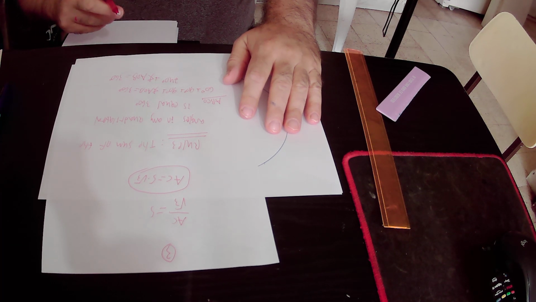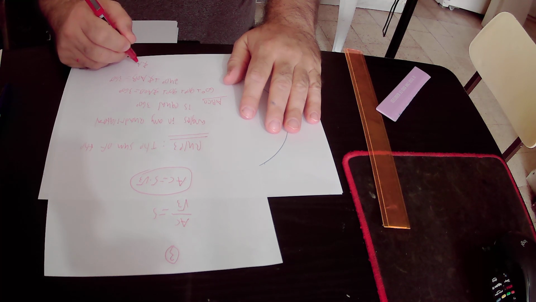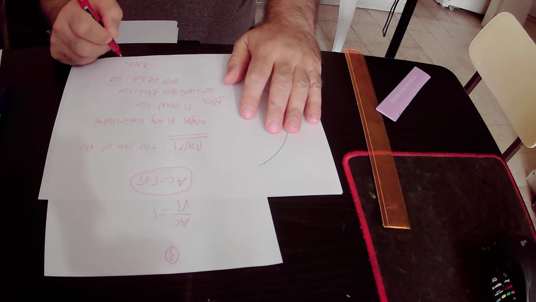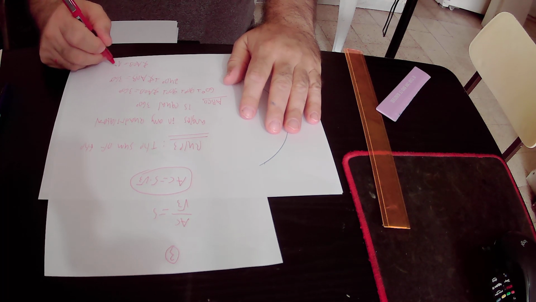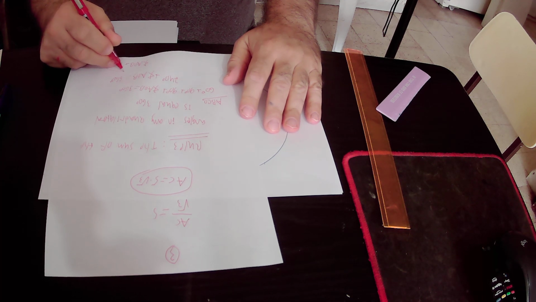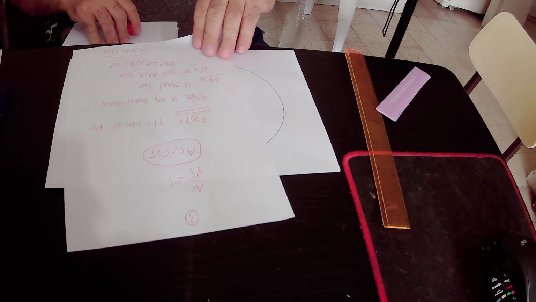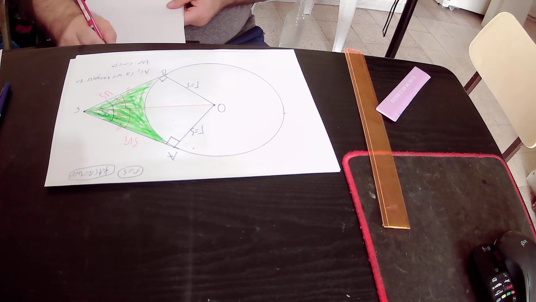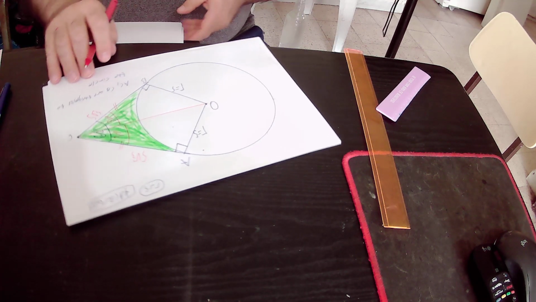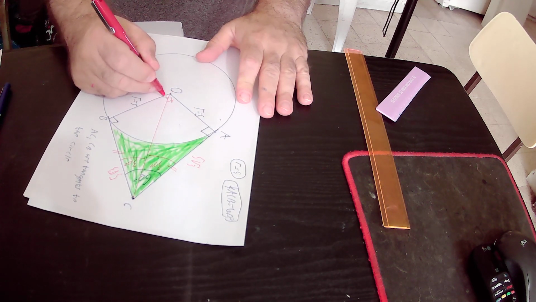Here we will subtract 240 degrees from this equality, and we will get that angle AOB equals 360 degrees minus 240 degrees, which is 120 degrees. So the size of angle AOB is 120 degrees.